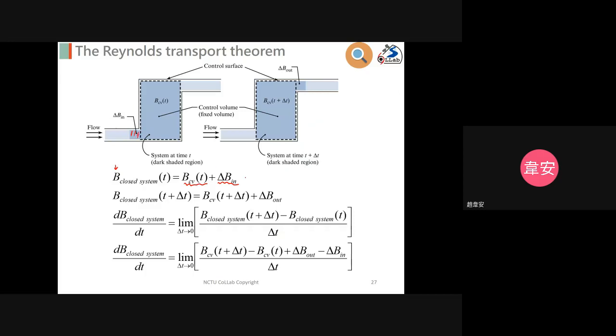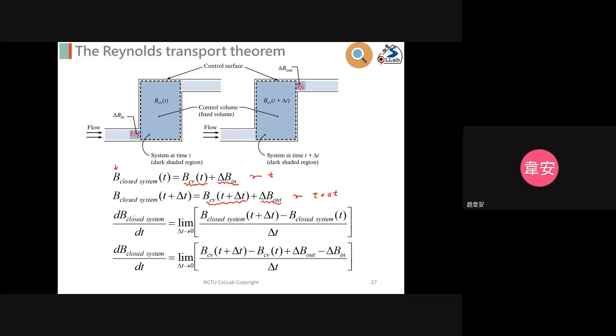At time T plus delta T, we have the extensive property in the control volume, but now at time T plus delta T, and we have a small piece outside here.